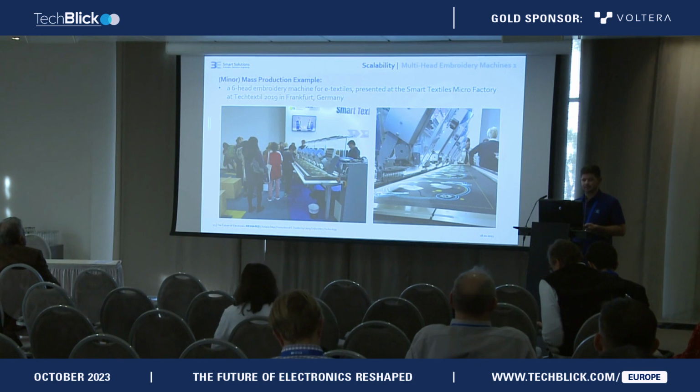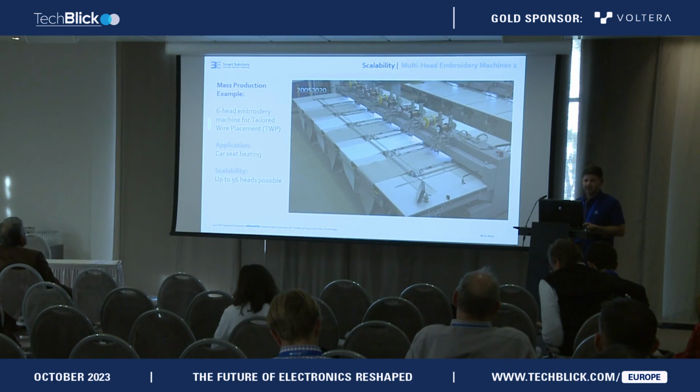In this case, we were part of the Micro Textile Factory at the TechTextile show 2019 in Frankfurt. And here is another 6-head machine for wire laying. In this particular application, it's for car seat heating.